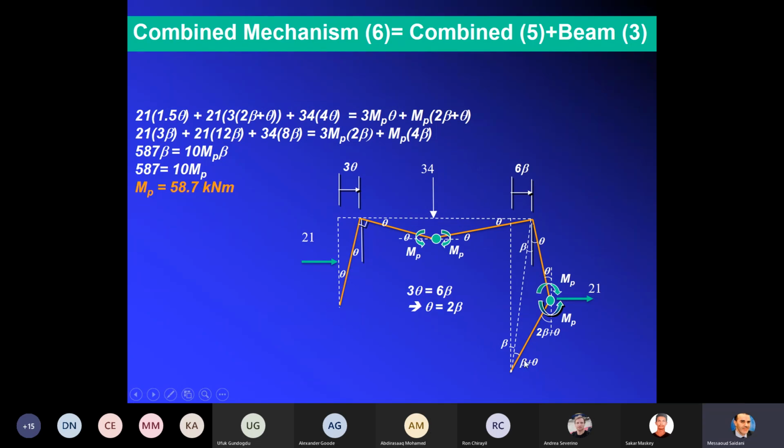So this is 0, and the moment at G is 0. So the only moments that we don't know are the moments at B, C, and this one here, E.